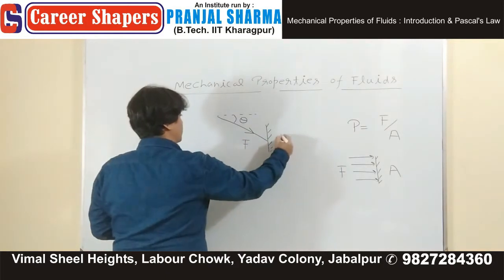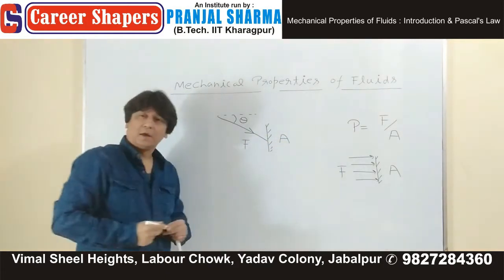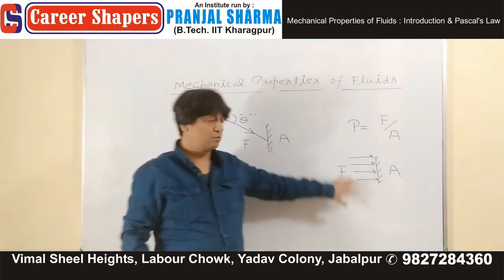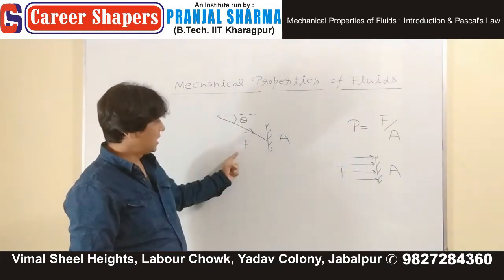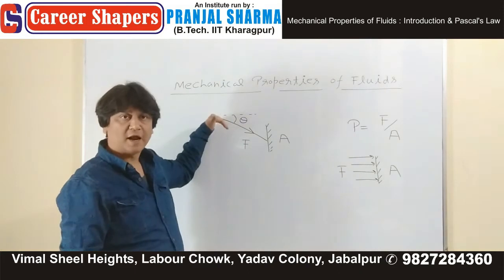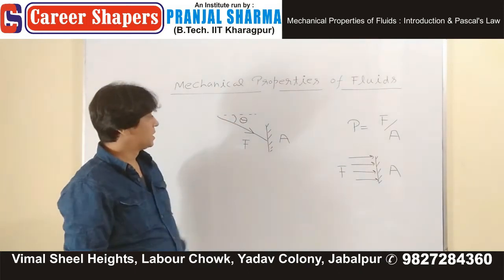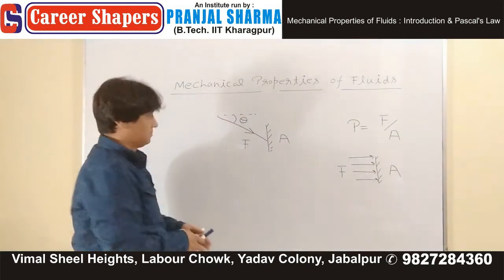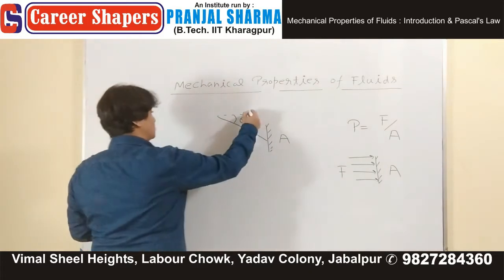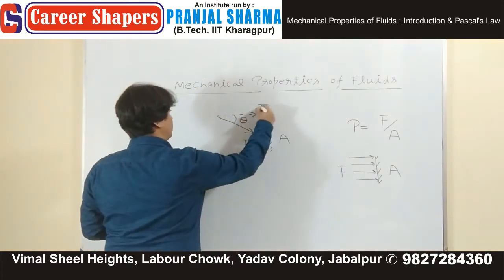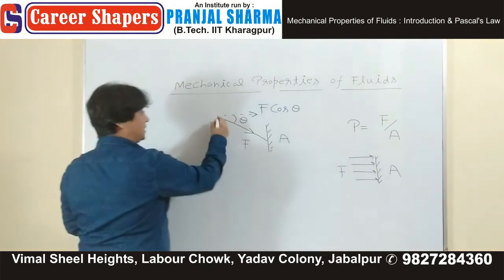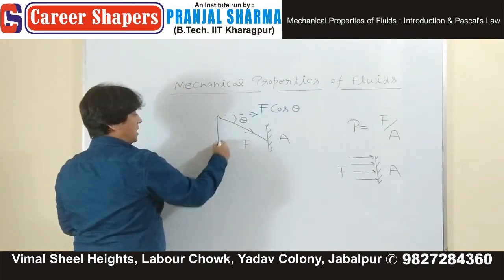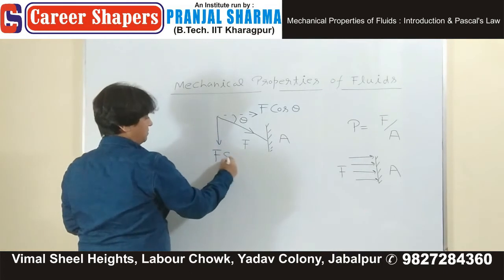This is the surface area A, and all these arrows, I am showing all these arrows a single force F, which is acting at an angle of theta. So if this is the force, you can always resolve this force into its components, which are F cos theta and F sin theta.